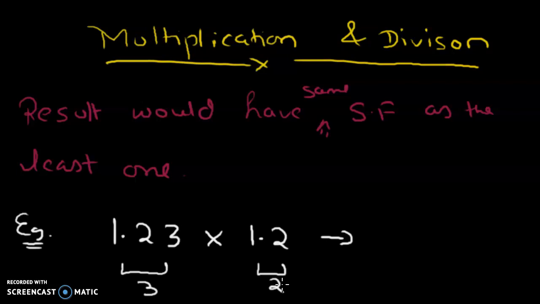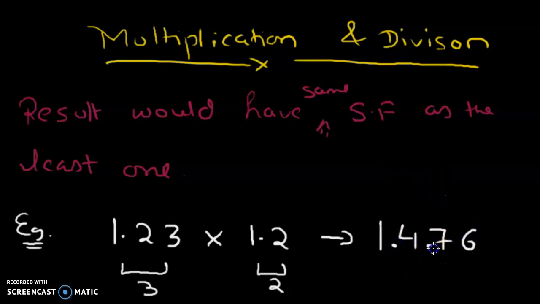How many significant figures here? 2 or 3? Yes, you're right, it would have 2 significant figures. So first of all, I'll tell you what 123 times 12 is. It is 1476. Okay, oh no, the point would come here.